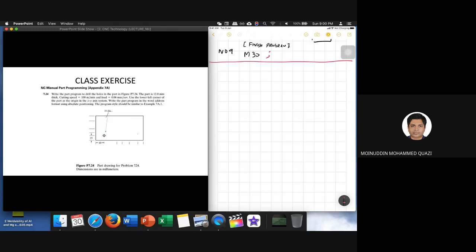Good, Mr. Osman also. But my suggestion to Mr. Osman and Mr. Eldridge is that if you specify that the origin is 0, 0, 0 and your workpiece is also 0, 0, 0, then there is a chance that the tool might stick to the workpiece.